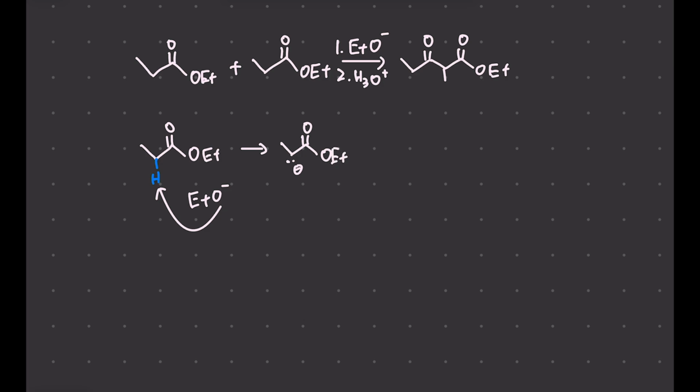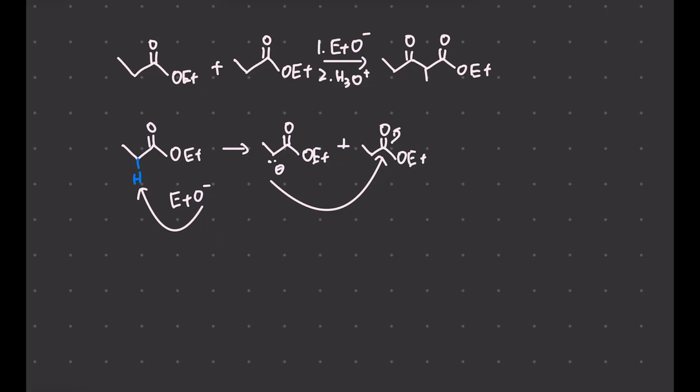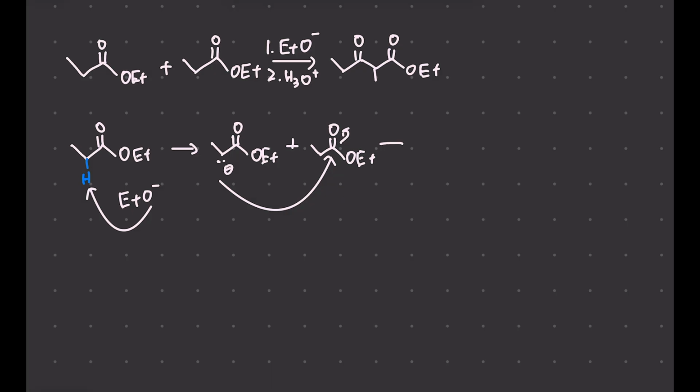And just like in an aldol reaction, our enolate ion is going to attack the carbonyl carbon of another ester. And this is going to cause the double bond to break, and we're going to form a new bond, like so.